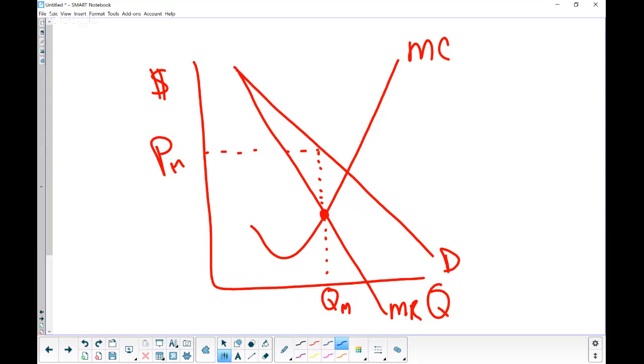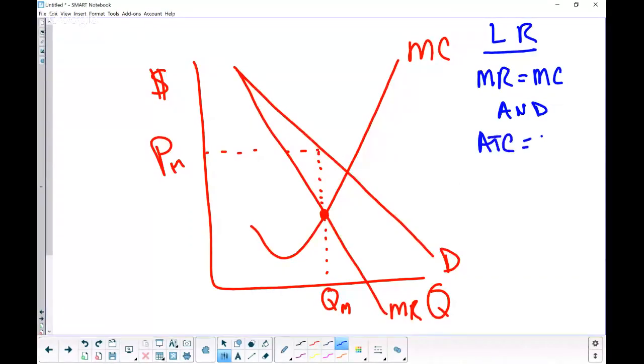If we're in the long run, MR is going to equal MC, and ATC will equal demand at the MR equals MC quantity.